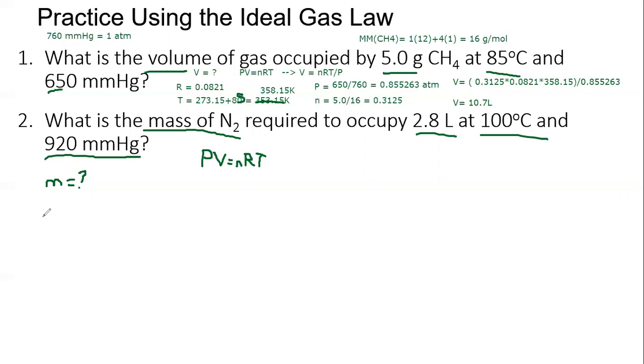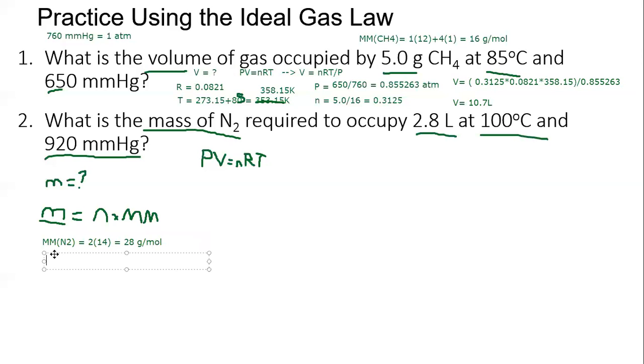But what we know about mass is that it's equal to the moles times the molar mass. So if we know the molar mass and we know the moles, we can calculate the mass. And the molar mass we can find from the periodic table, 28 grams per mole.